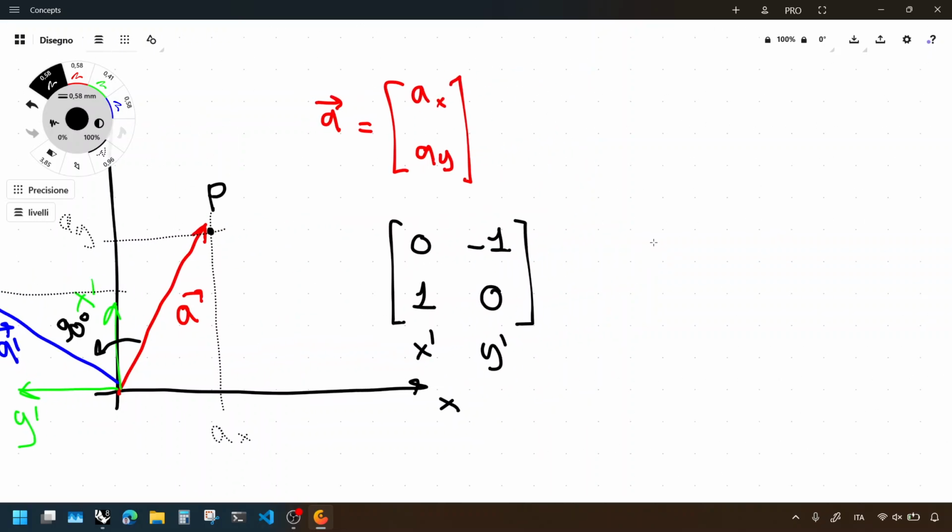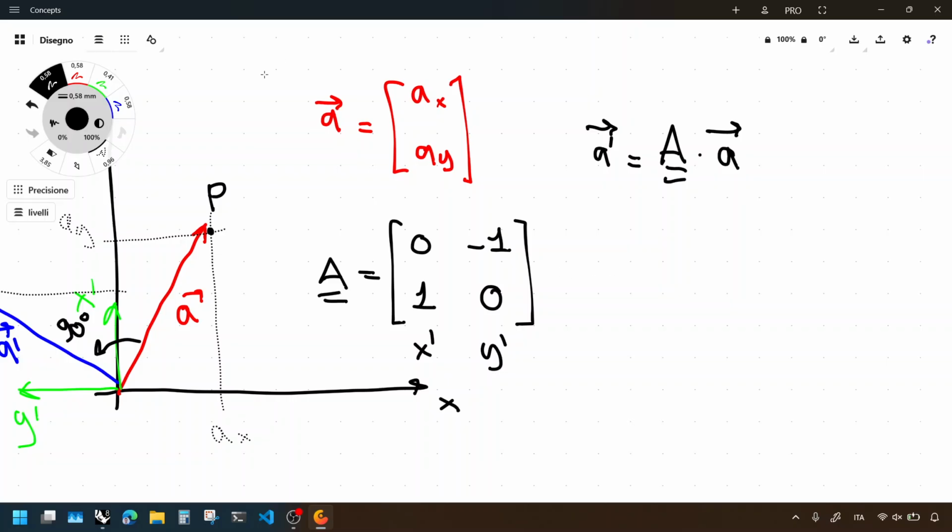All right, so how do we find out what the A prime vector is? Well, A prime is really the matrix, let's call this matrix big A, times the original vector A. So A prime is the original vector multiplied by this matrix.